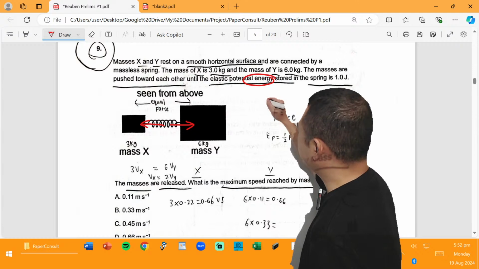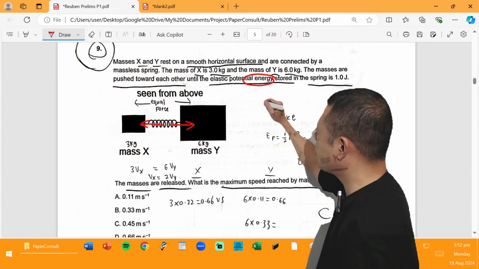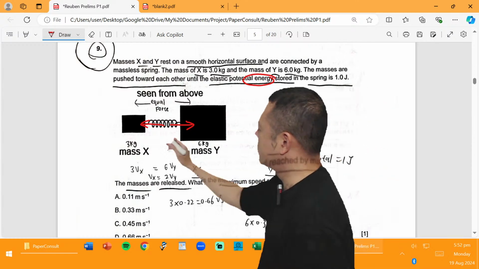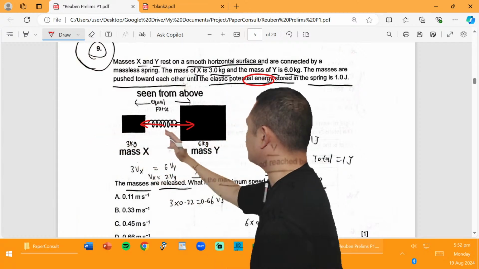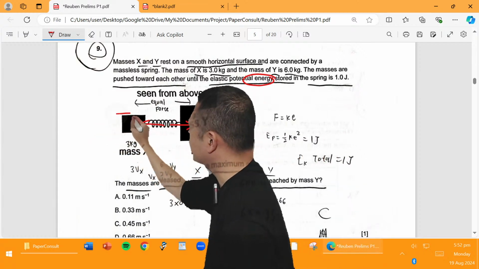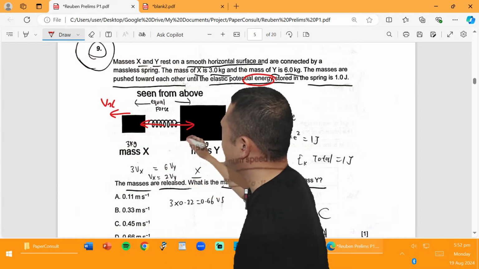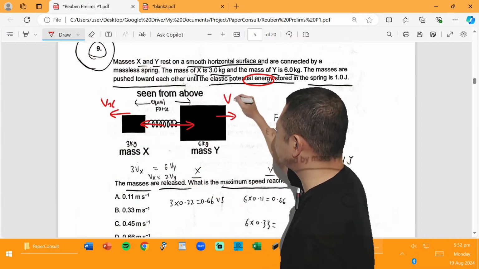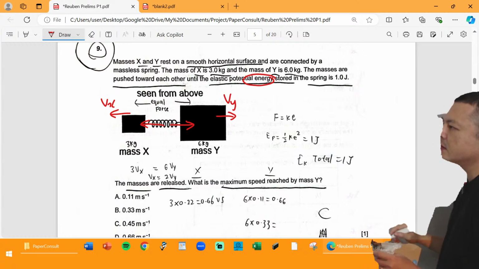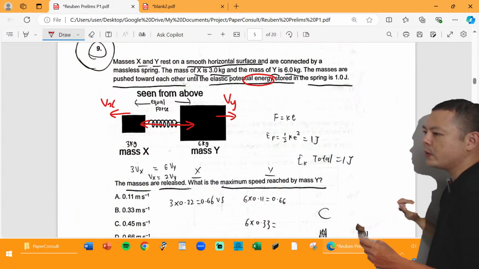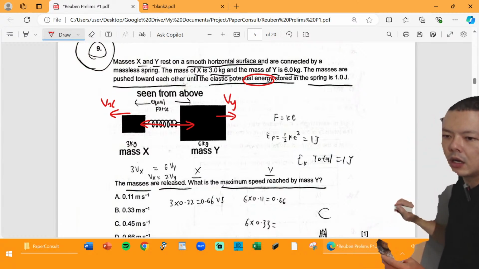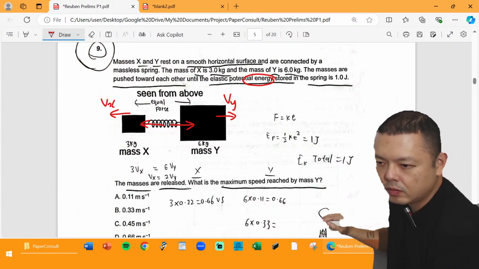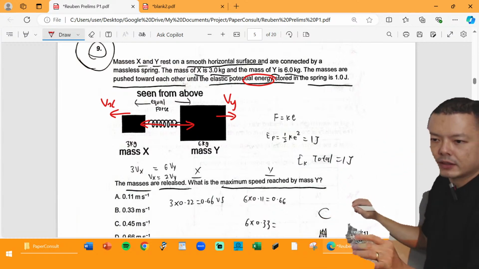So I should understand that mass x will reach a final speed Vx, and mass y will reach a final speed Vy. Okay? And yet the momentum, when we add them up, will be zero. Don't forget, momentum is directional.